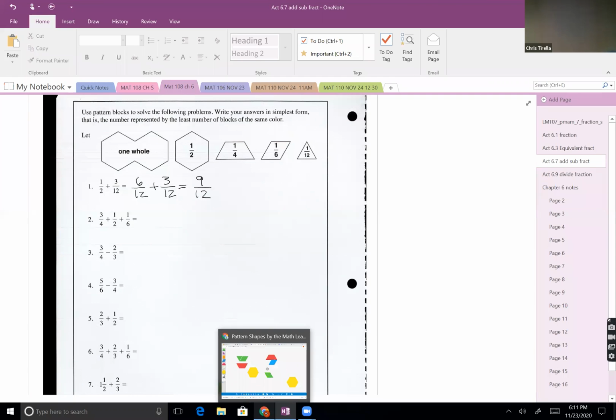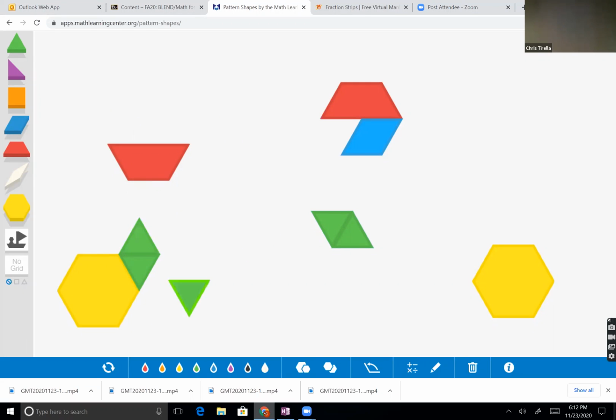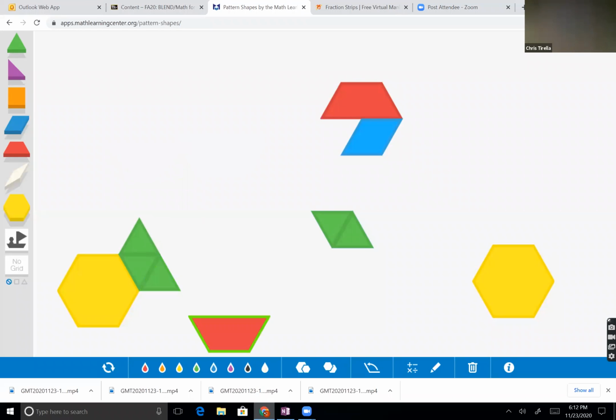I'm going to backtrack a little bit. What we were doing was we were adding 1/2 and 3/12. Well, if we wanted to show that as the smallest number possible of ones that are the same color, wouldn't that be equivalent to 3 of the red trapezoids?